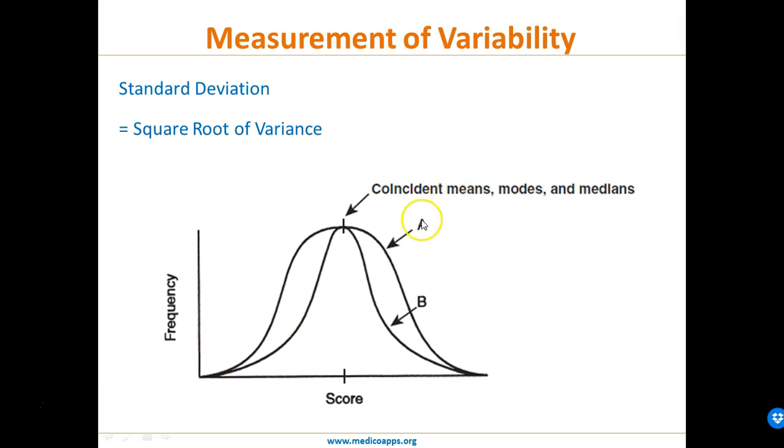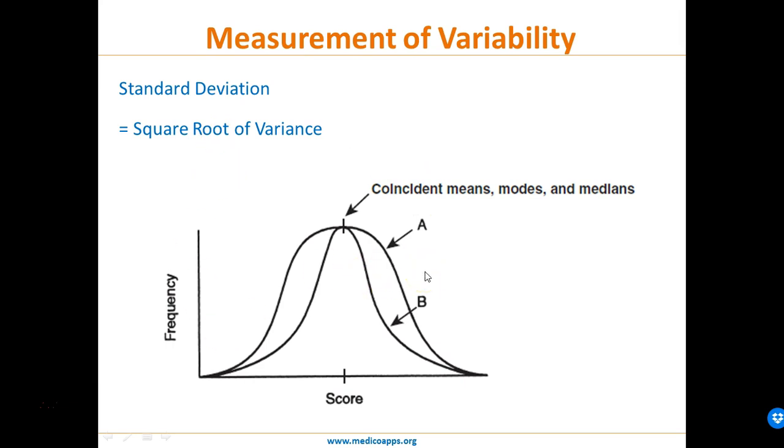In the second graph, the values are more scattered, so the variation is more. And in both the graphs, the range is also the same. So even if the range is the same and the central tendency, that is mean, median, mode, is the same, because of the dispersion of the values of individual observations we can have different standard deviations.